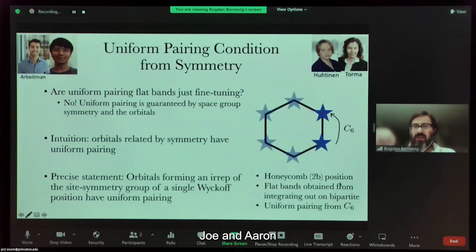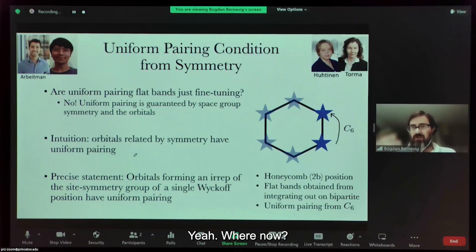So anytime I have one spinful orbital per site, related by some crystalline symmetry rotation, this condition will be true. So uniform pairing is guaranteed by some space groups, and you can classify the space groups where uniform pairing is guaranteed.